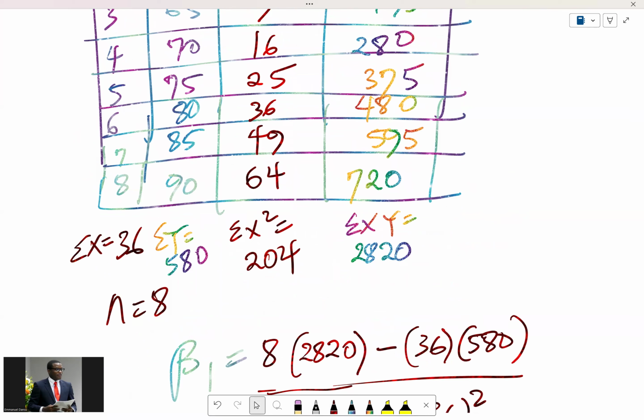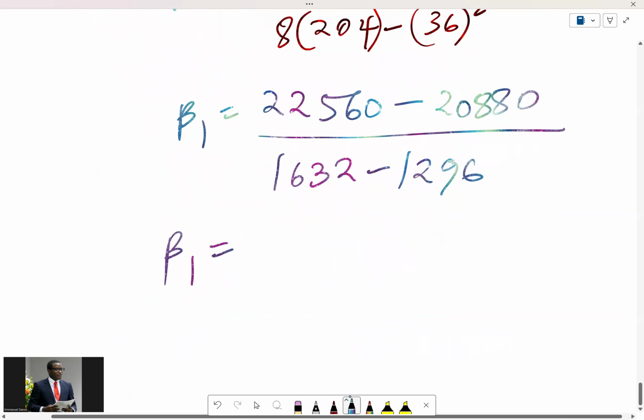So that beta 1 is now 8 times 2820, that is 22560, minus 36 times 580, that is 20880, divided by 8 times 204, which is 1632, minus 36 squared. 36 times 36 is 1296.